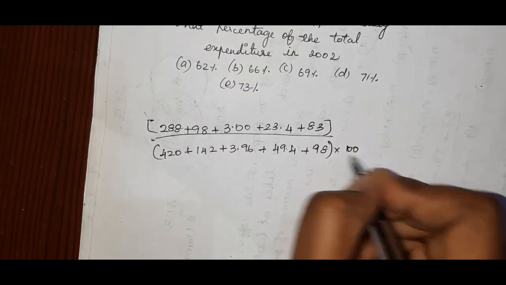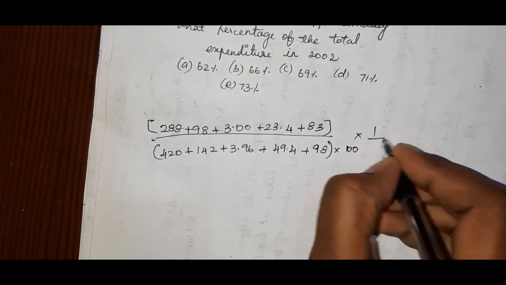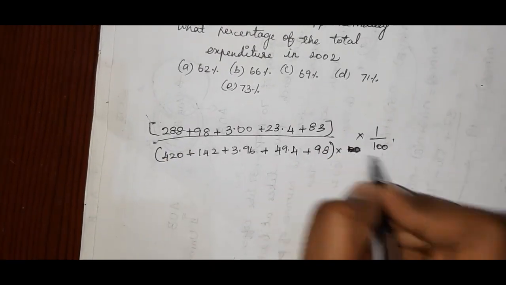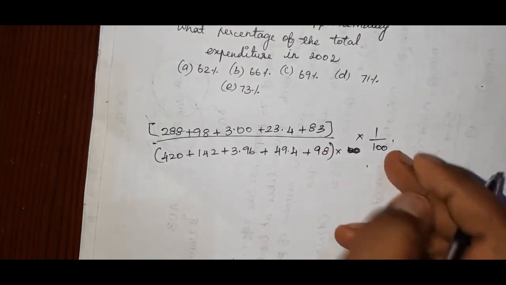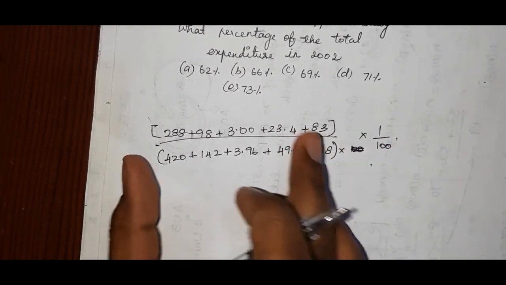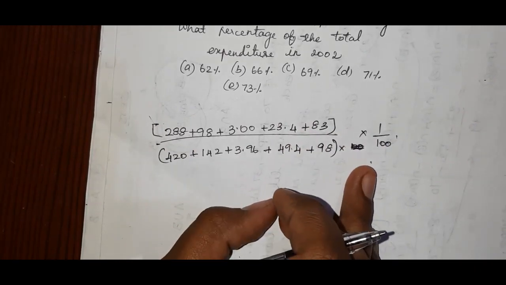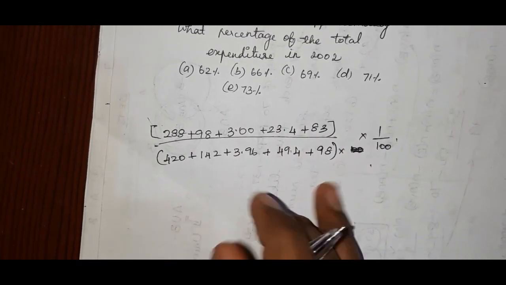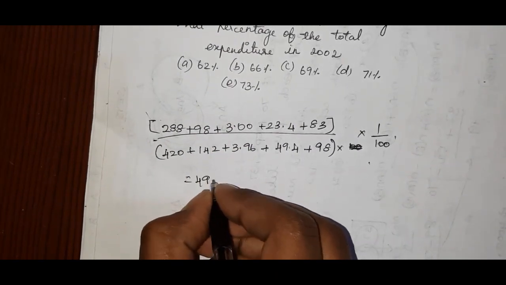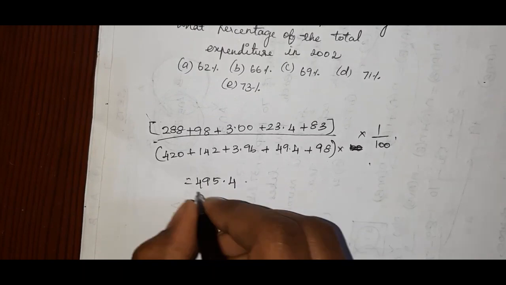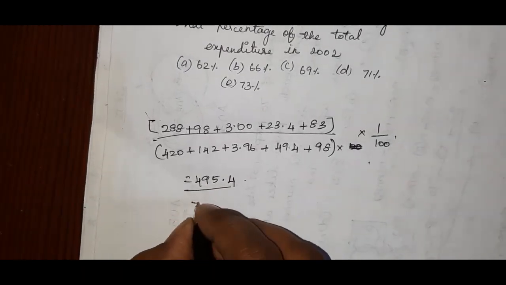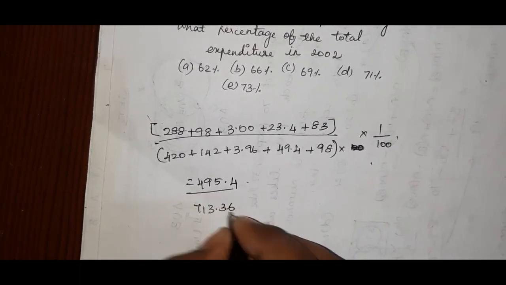That also refers to the whole 100%, but we have to find the percentage for this total value by 100. We can also write this like this. So after cancelling, by adding this value, we'll be getting 495.4, right? By adding these values, we'll be getting 713.36.